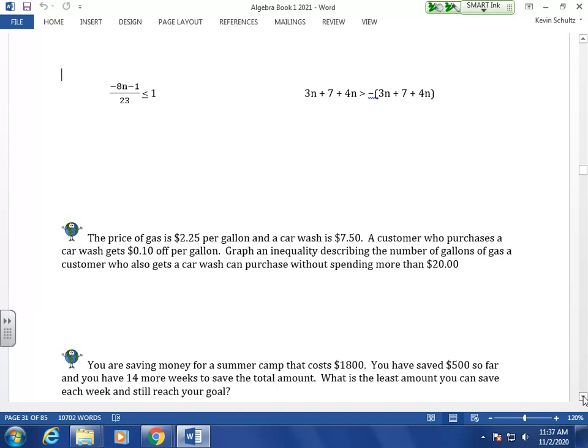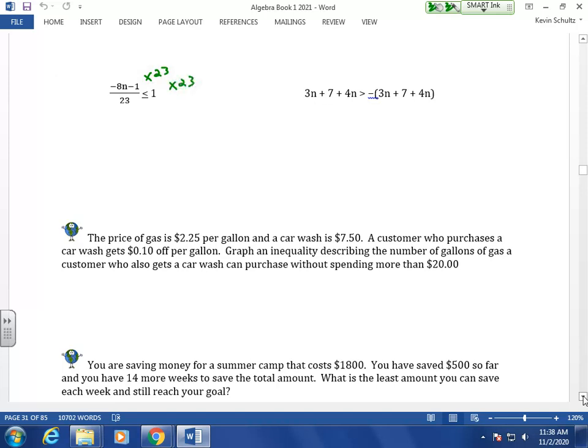What do you do to undo or get rid of that fraction? And if you're unsure, flip back to the first page because we had one kind of similar to this there. Brent. Multiply both sides by 23.